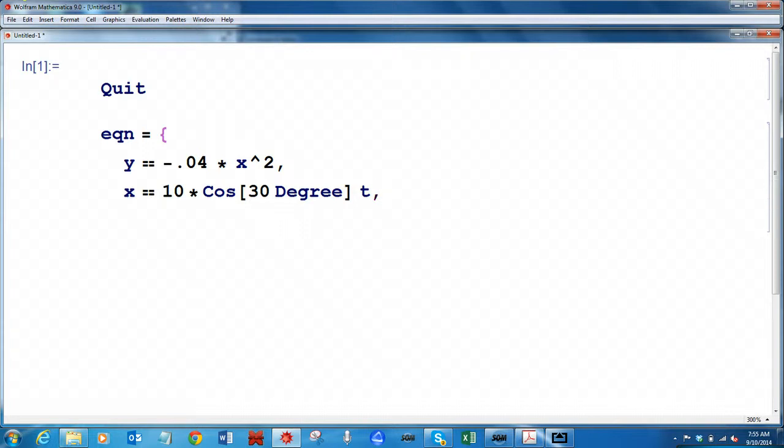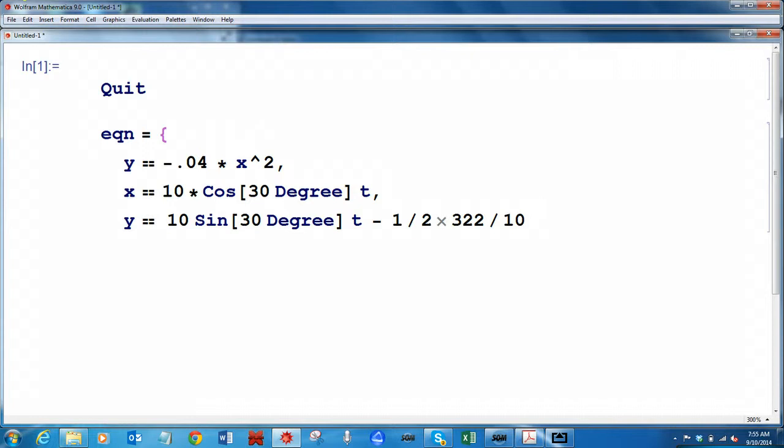Okay, the last one is y equals 10 sine of 30 degrees times t minus 1/2 times 32.2 times t squared.